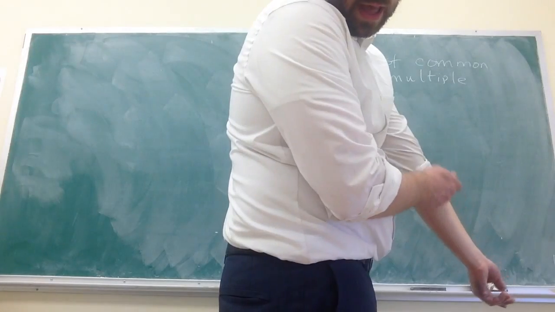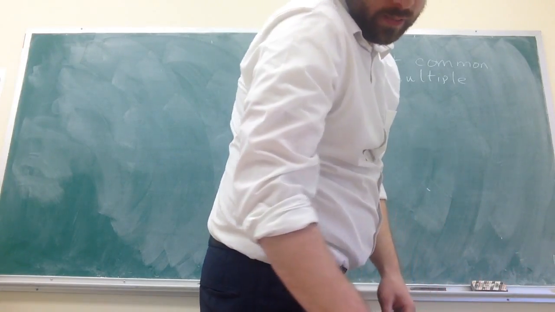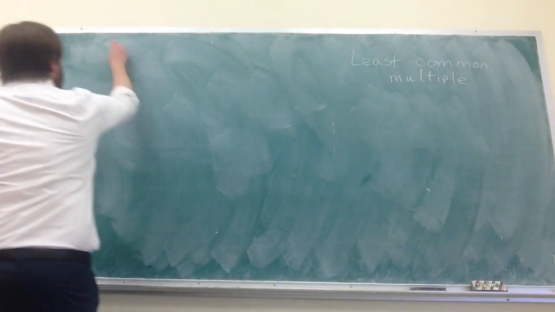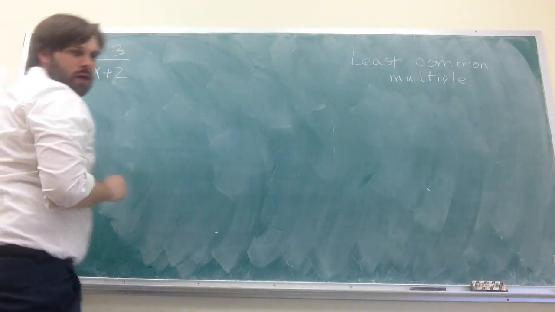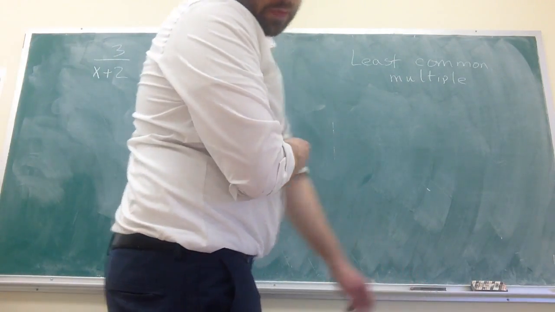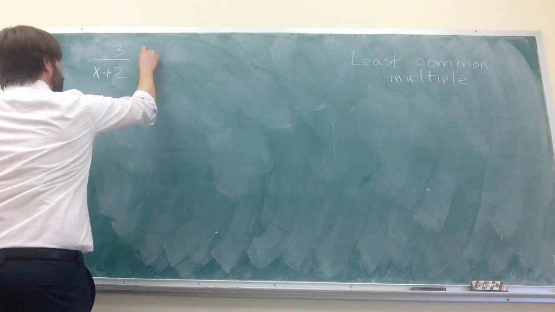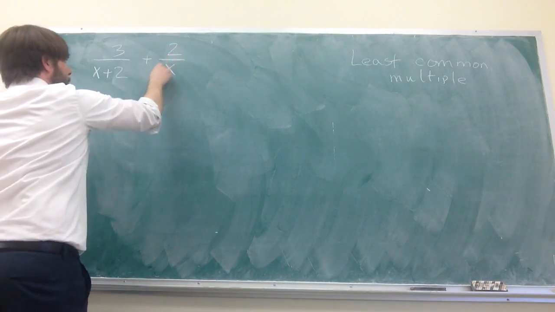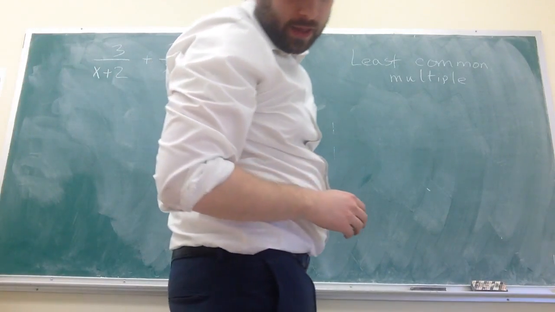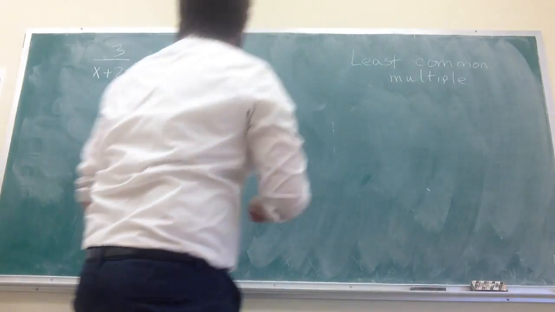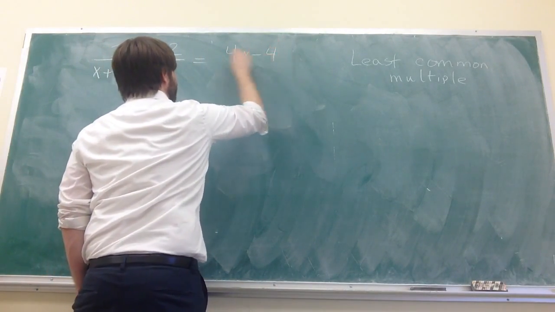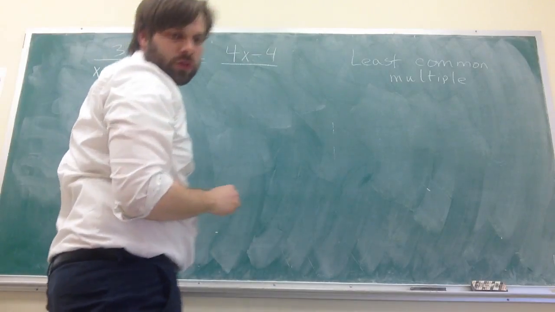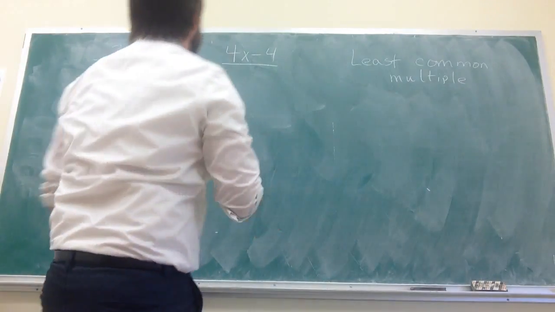So let's go ahead and look at another problem. So let's say we've got 3 over x plus 2 plus 2 over x is equal to 4x minus 4 divided by x squared minus 4.